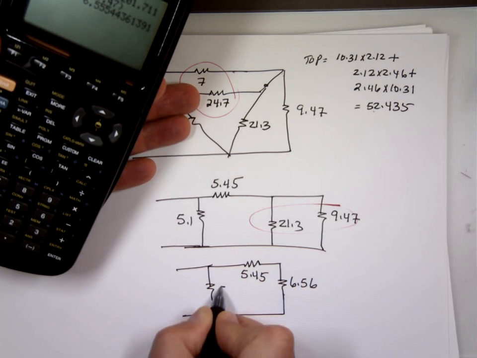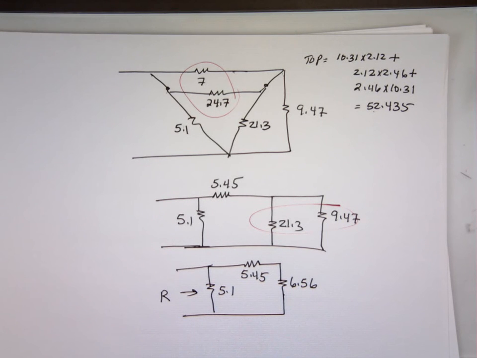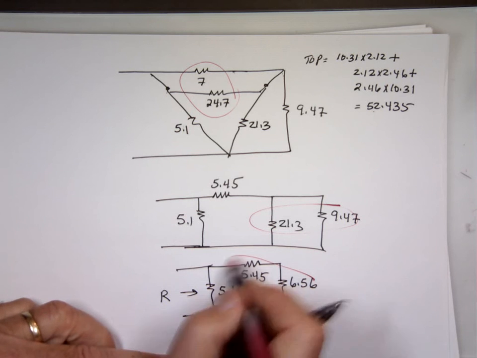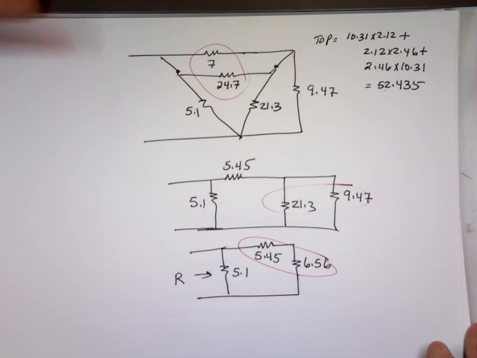5.1, we're looking for R in that direction. These two are what? In series, that'll be 12.01, is it? Yep.